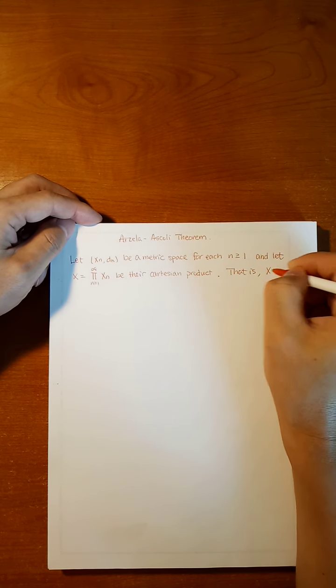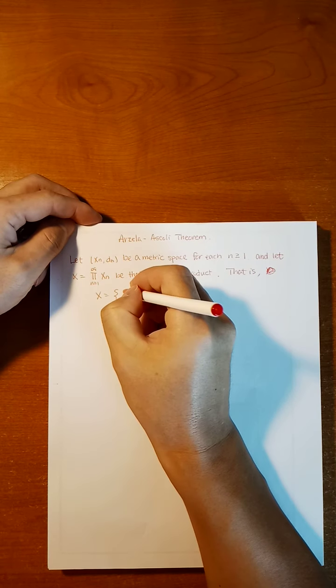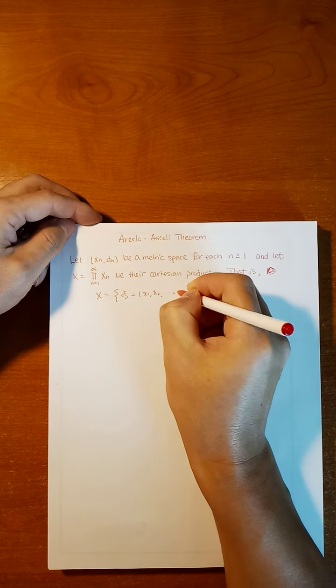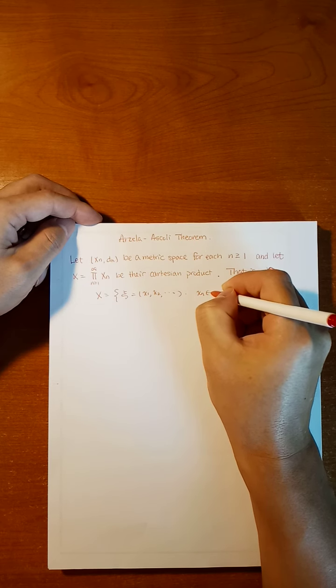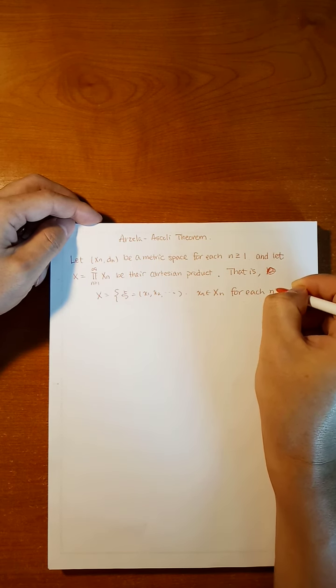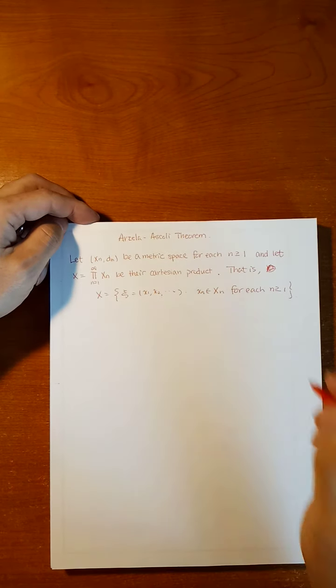X is the set of all psi, where psi is (x1, x2, ..., x infinity), where xn belongs to capital Xn for each n greater than or equal to 1. It's just an infinite Cartesian product.